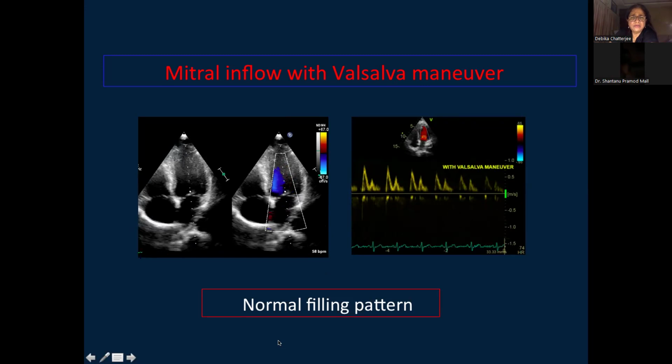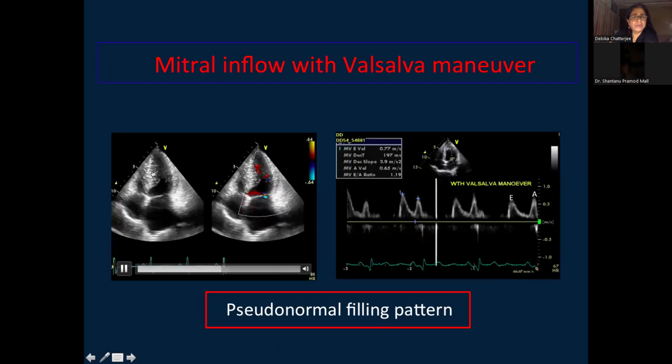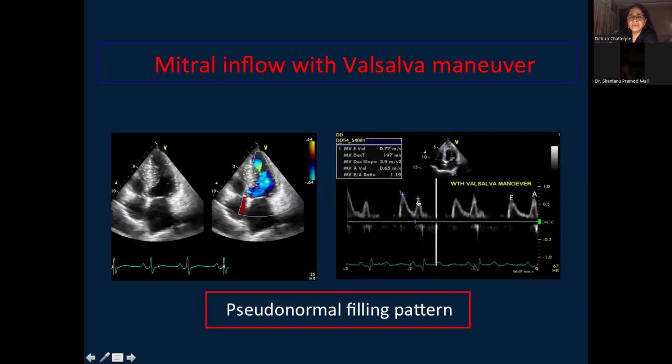On the other hand, if you look at this patient where there is a hypertrophic cardiomyopathy with enlarged LA, the E wave is more than A. The patient does the Valsalva. Look here, E wave becomes smaller than the A wave. So this is obviously the pseudo-normal pattern.